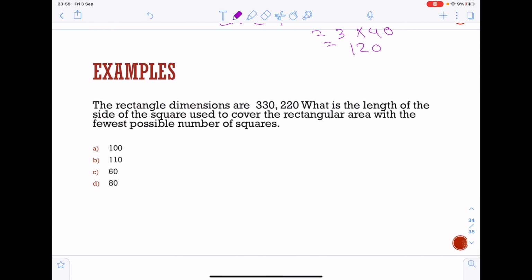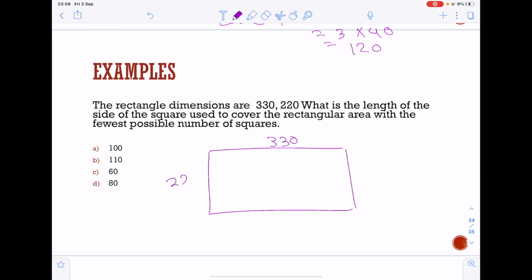Okay. The rectangle dimensions are 330 by 220. So imagine something like that. Here is 330 and here is 220. What is the length of the side of the square used to cover the rectangle area with the fewest possible number of squares?